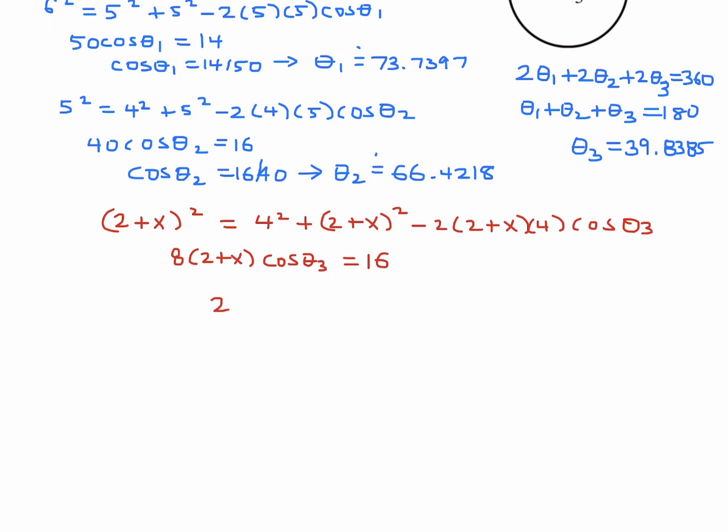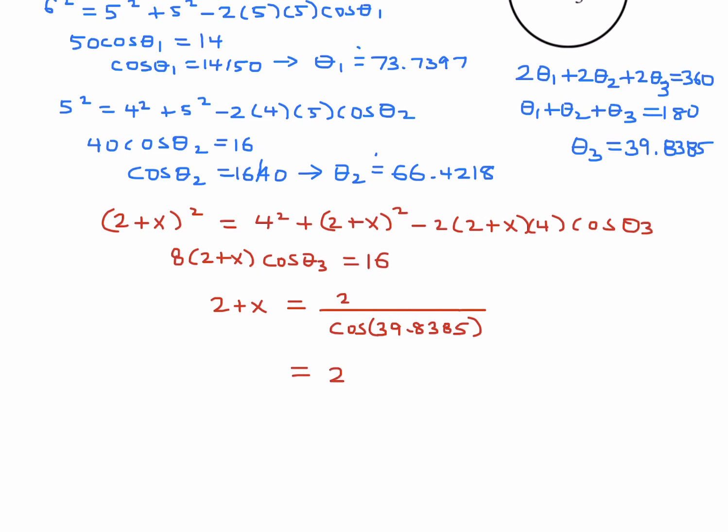So that means that we can substitute in this guy. So that means 2 plus x is equal to 16 divided by 8, which is 2, so that will be 2 over cos of theta 3. Well, theta 3 is 39.8385, like that. All right.